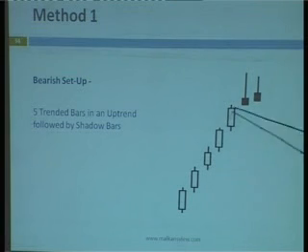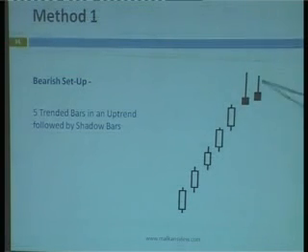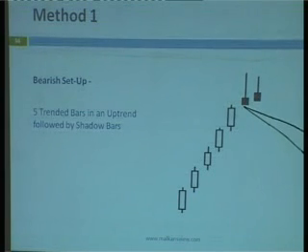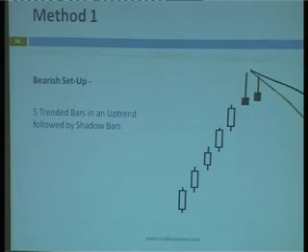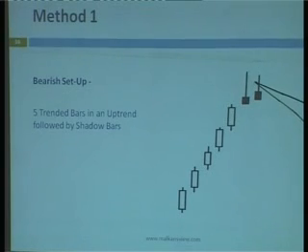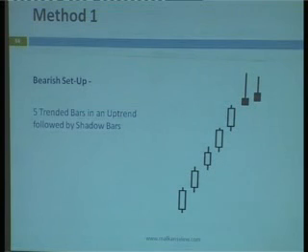You have 1, 2, 3, 4, 5, and then you have 1 shadow, or 2 shadows are ideal, on 5-minute or 15-minute charts. Whichever is the best in this is my entry. If this breaks, I sell with a stop loss above the highest high. That's my setup for entry.